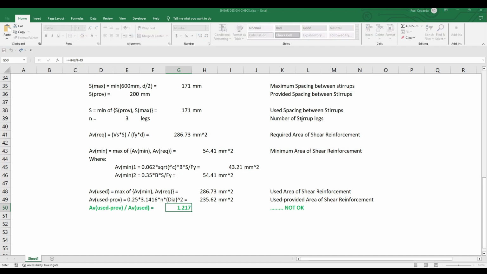Is this one not okay? Okay, if it is not okay, this one we need to modify the color, to fill none, then the font, this one. Okay. So if this ratio is, let's say, 0.9, it's okay. So automatically it will change.